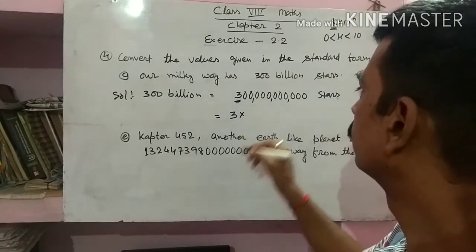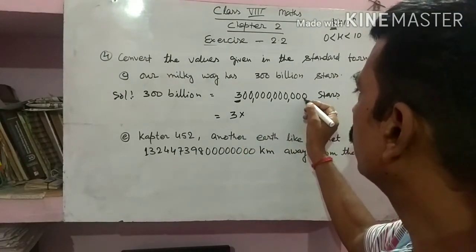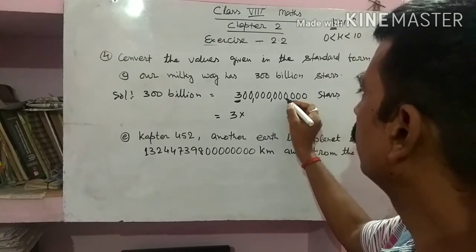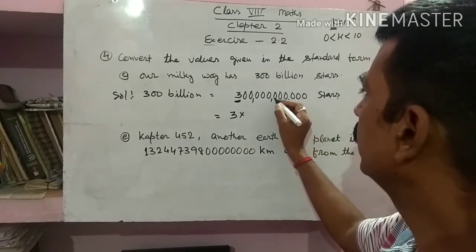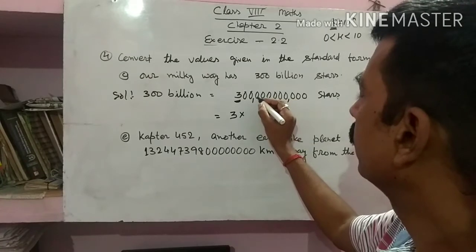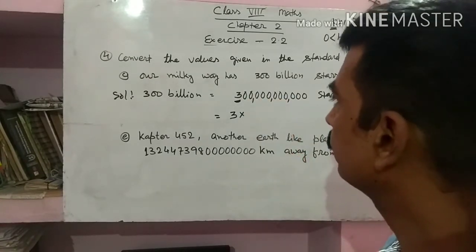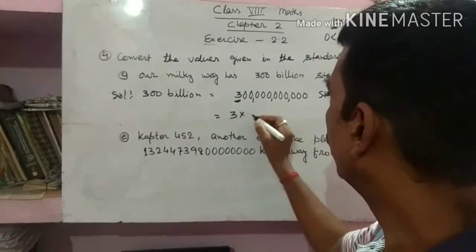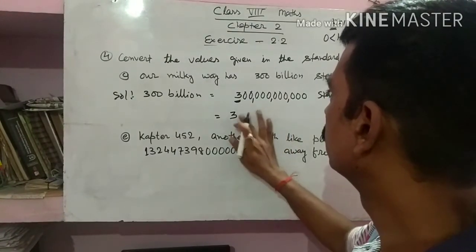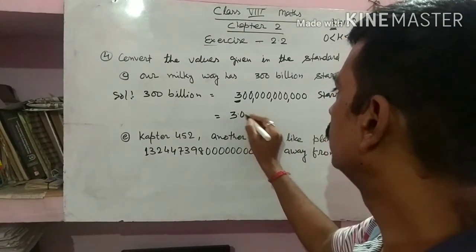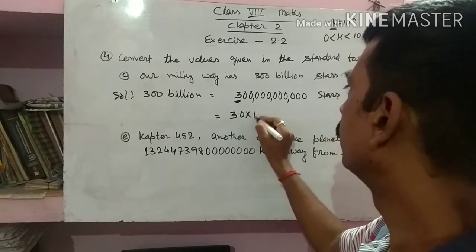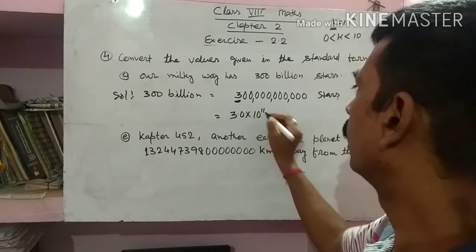Into, how many digits are there? 1, 2, 3, 4, 5, 6, 7, 8, 9, 10, 11. So 11 digits are there. So we write 3.0 into 10 to the power 11.